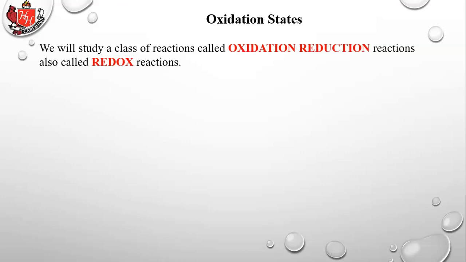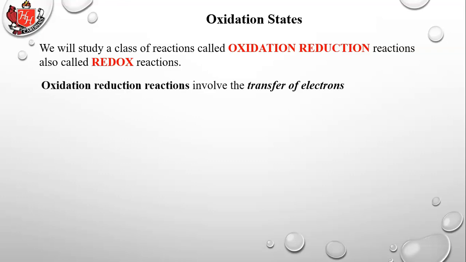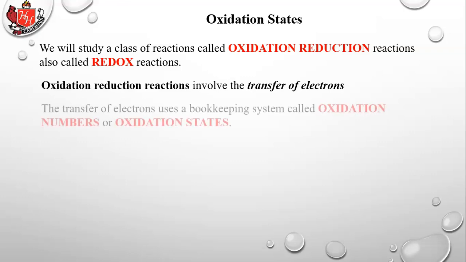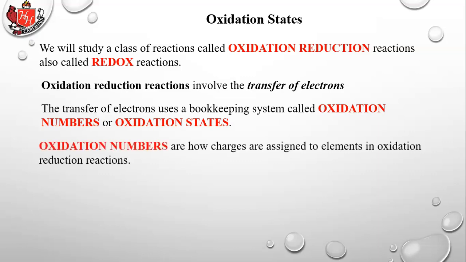We will study a class of reactions called oxidation reduction reactions, also called redox reactions. Oxidation reduction reactions involve the transfer of electrons. The transfer of electrons uses a bookkeeping system called oxidation numbers or oxidation states. Those both mean the same thing. I generally call them oxidation numbers.